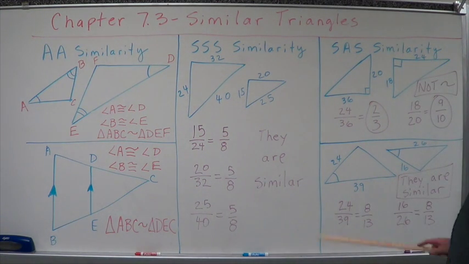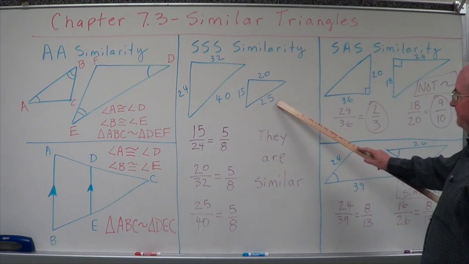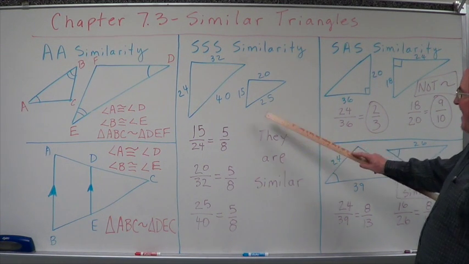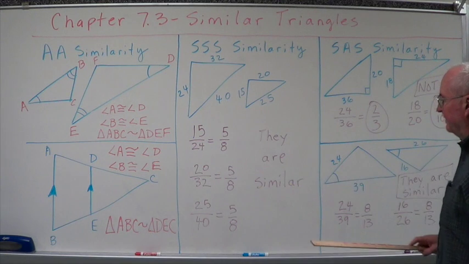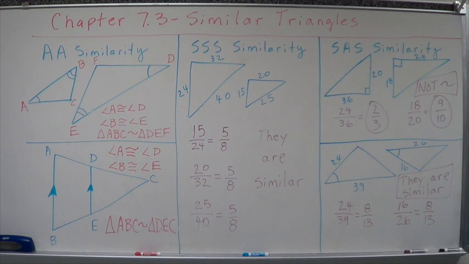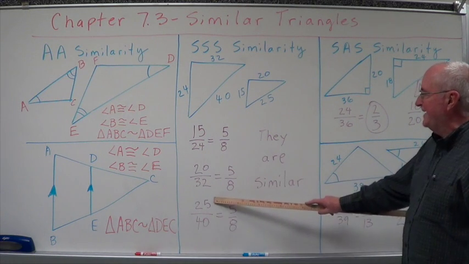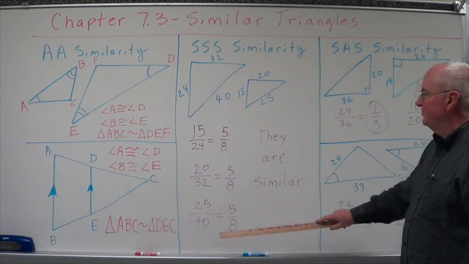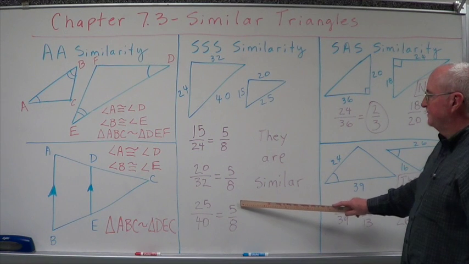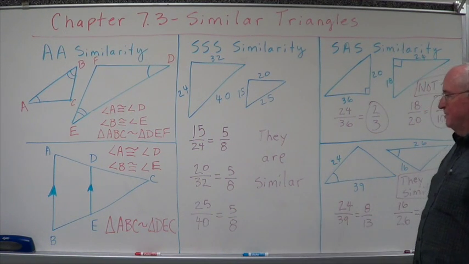Now let's take the longest side of each one. 25 divided by 40, and again, those two sides are proportional with a 5/8 proportion.